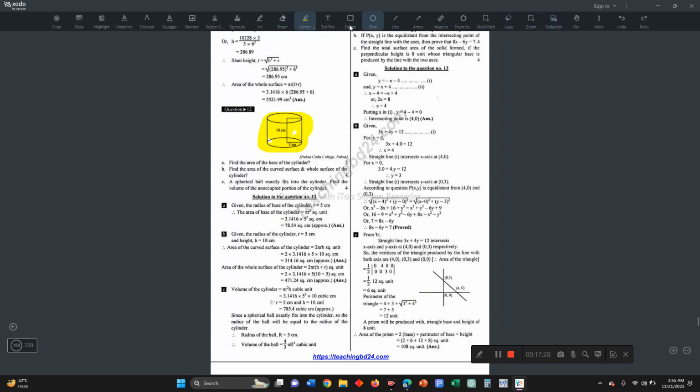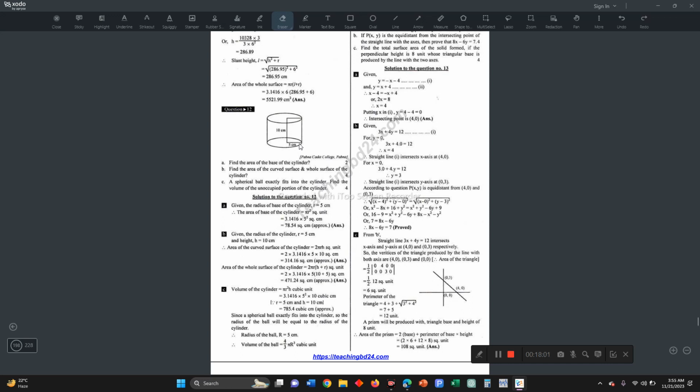Okay, this is the same type of question, and the figure of the cylinder has already been given. They have asked us what is the area of the base of the cylinder. This is equal to the area of the circle, that is pi r square. Then we have to determine the area of the curved surface and the whole surface of the cylinder, as we determined earlier in question number 2.